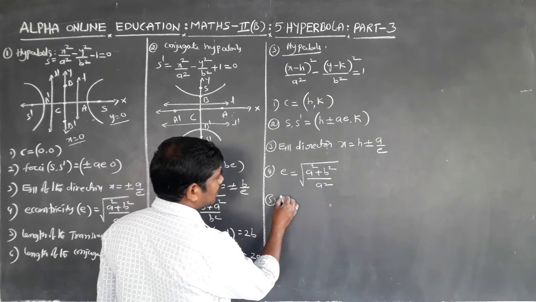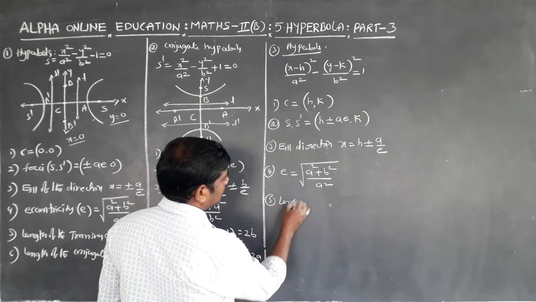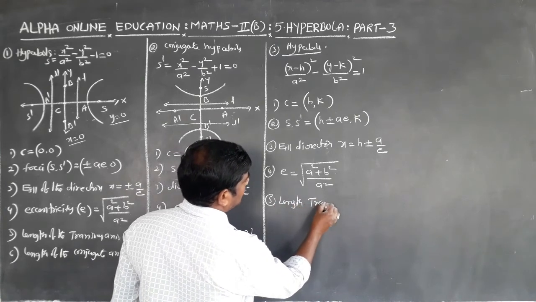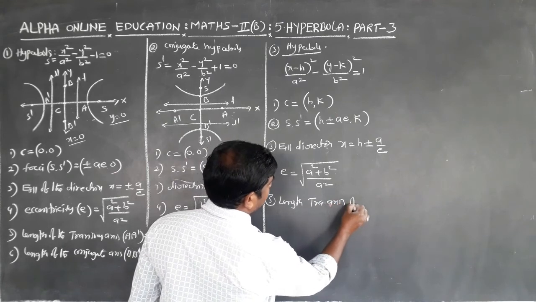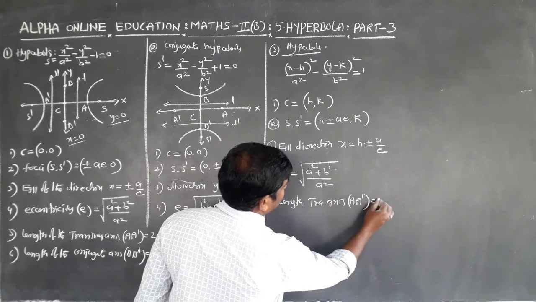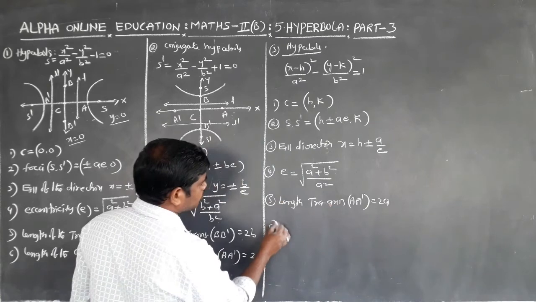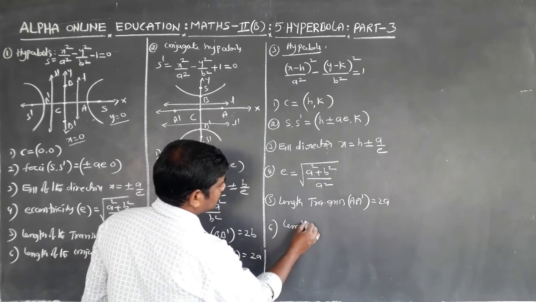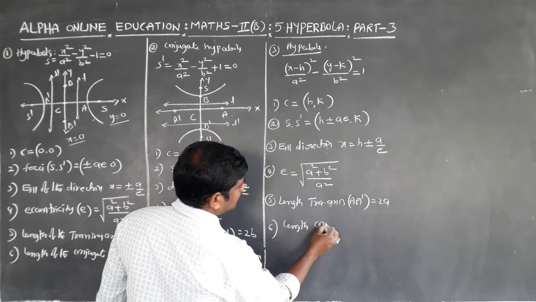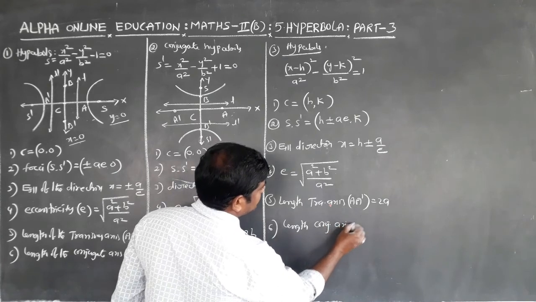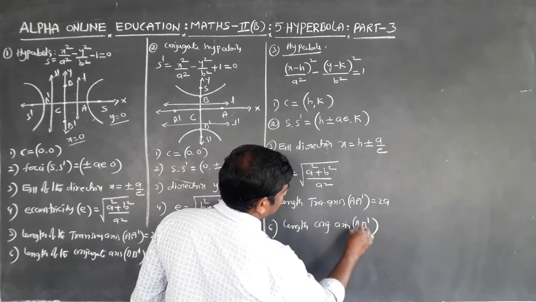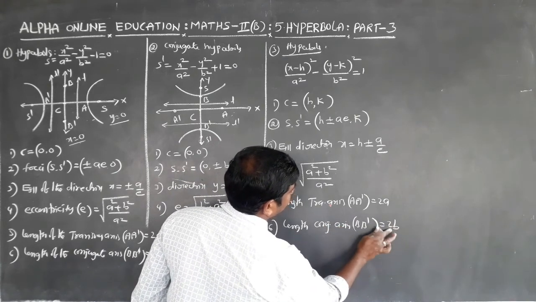Next one, length of the transverse axis a dash is equal to 2a. Next one, length of the conjugate axis b dash is equal to 2b.